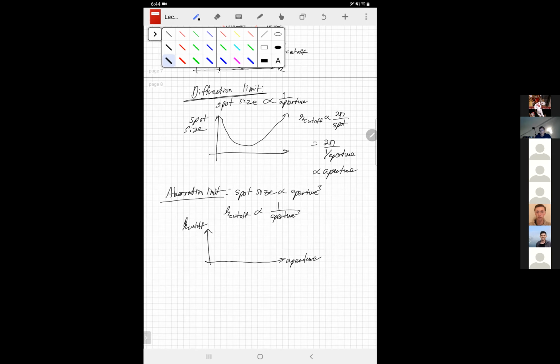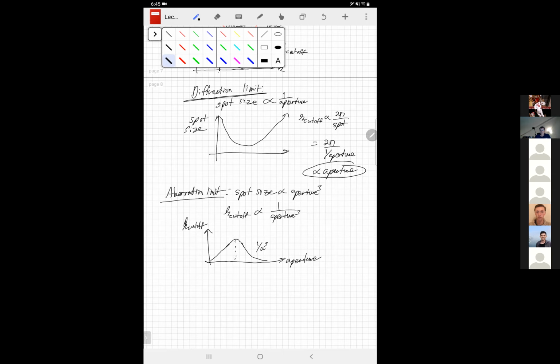You should find that initially it's proportional to the aperture, so it increases linearly. And later on, it should decrease as 1 over the aperture cubed. And there will be some transition regime.